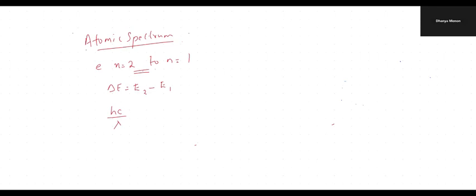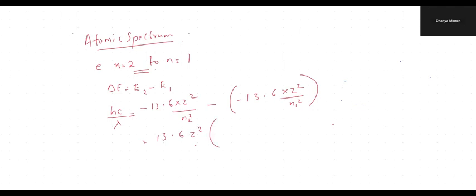Now, if I substitute the values, minus 13.6 times Z square by n2 square, we just did this formula now, right? Minus 13.6 times Z square by n1 square. Taking 13.6 Z square common, I have 1 by n1 square minus 1 by n2 square.